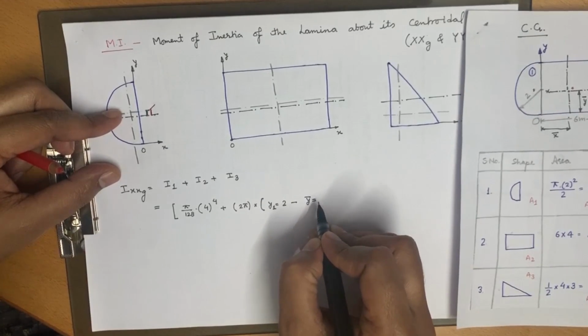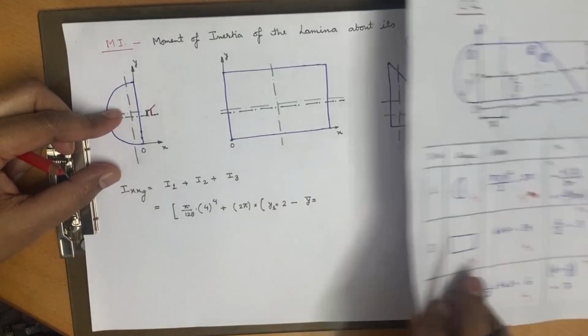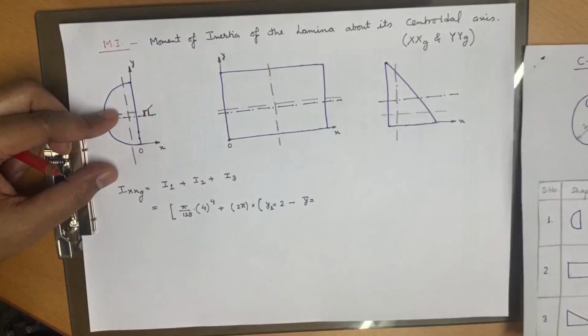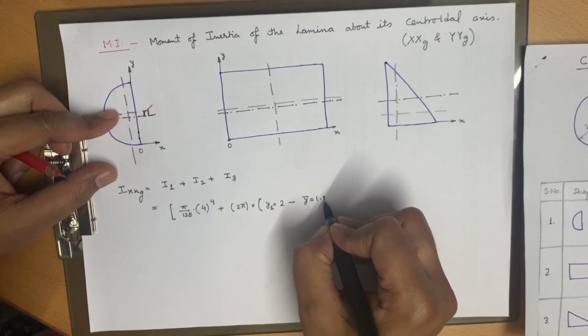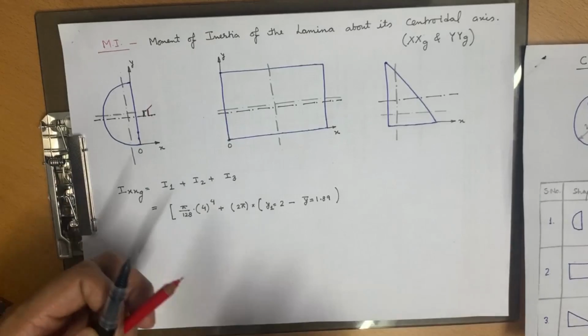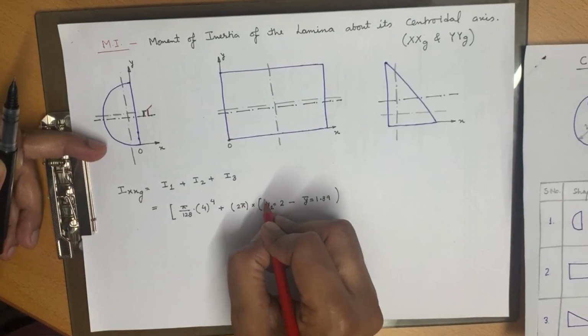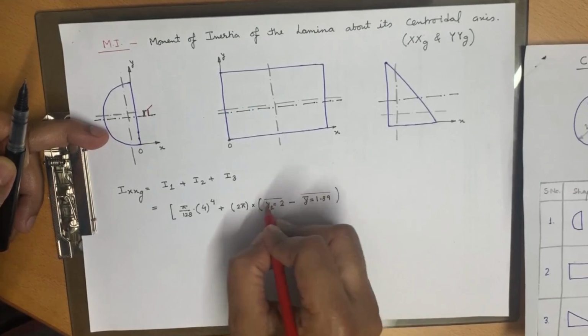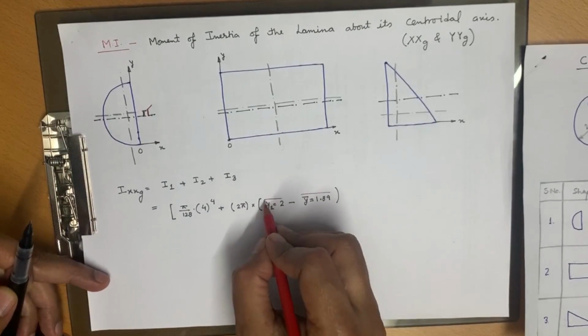And what is y bar? Y bar is 1.89. Just to bring a little more clarity, it is this and it is this, right?